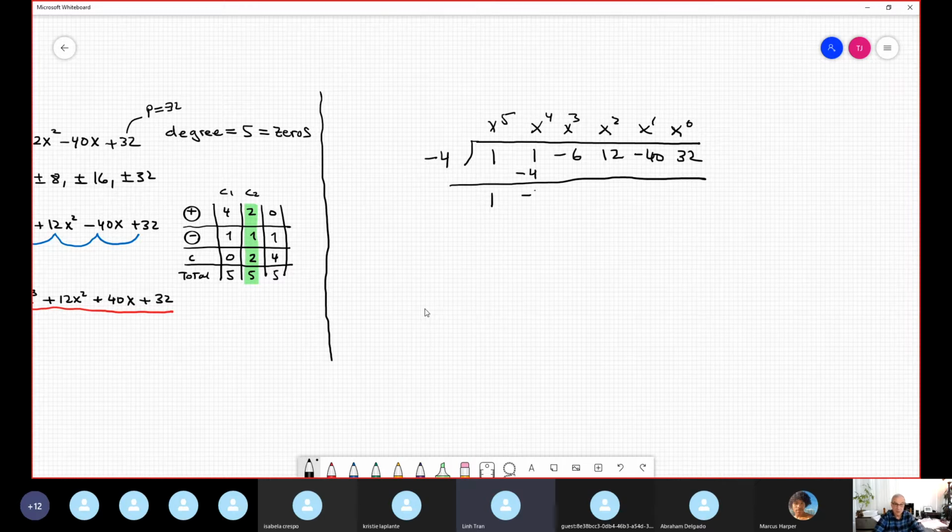Subtraction is negative 3. Multiplication is 12 positive. This is 6 positive. This is 24 negative. This is negative 12. Multiplication is 48. Subtraction is 8 positive. And multiplication is negative 32. Wow, I like that. The factor x plus 4 belongs to the polynomial factors.